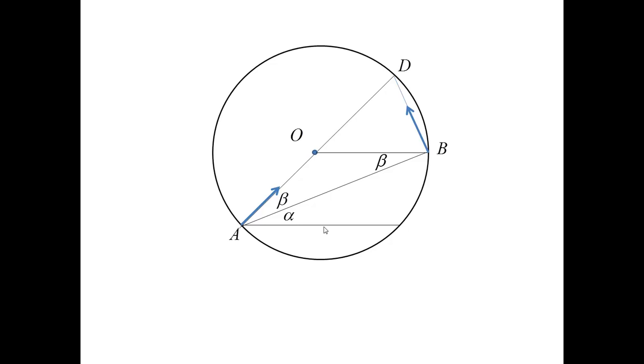Now, I observe that OB is horizontal, so is the baseline. Therefore, if I look at these two angles, alpha and beta, these angles must be equal.